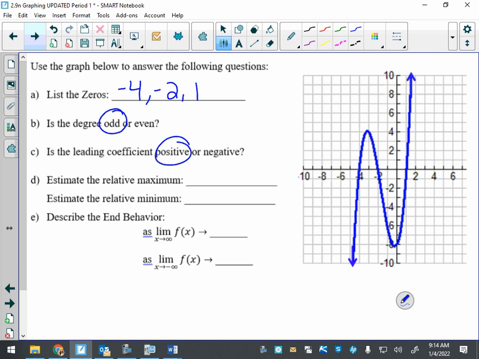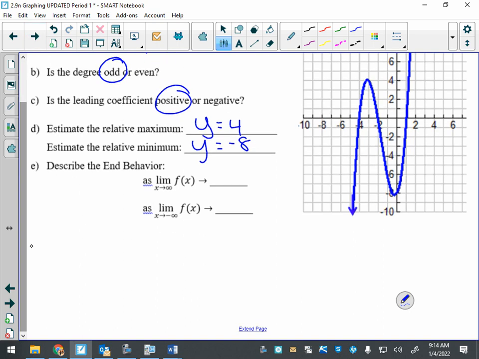Good estimate. What would we say? It would be 4. y equals 4. This is your maximum. And what is your minimum, roughly? Yep. y equals negative 8.